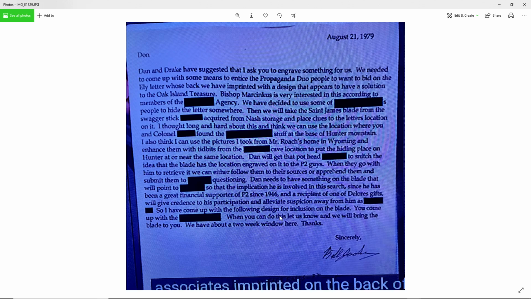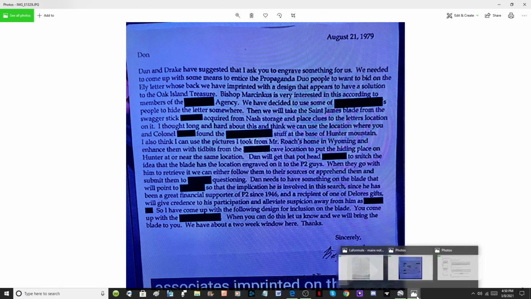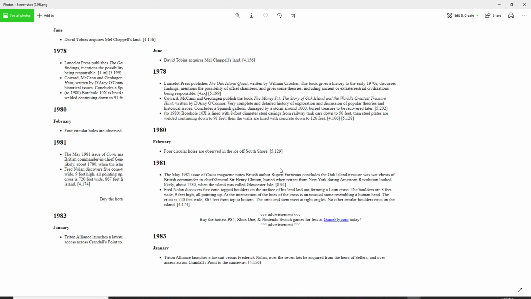It was using a program that was before DOS, and DOS was even hard to use. And it took a long time to generate documents like this. But even if it wasn't, the fact of the matter is, and here's a chronology, Fred Nolan didn't even disclose Nolan's Cross until 1981.